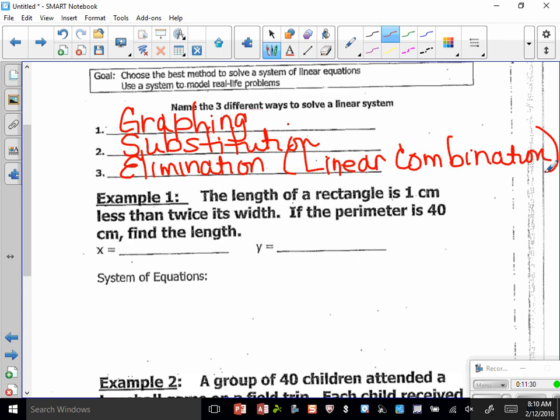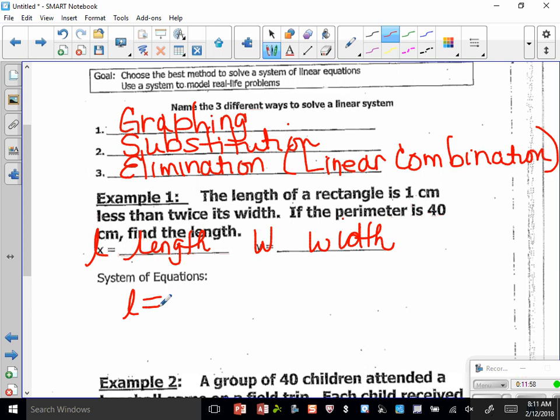So it says the length of a rectangle, and let's just use L and W. So obviously this would be for length and width. And it says the length of a rectangle is, so L is, and then it says 1 less than twice the width.